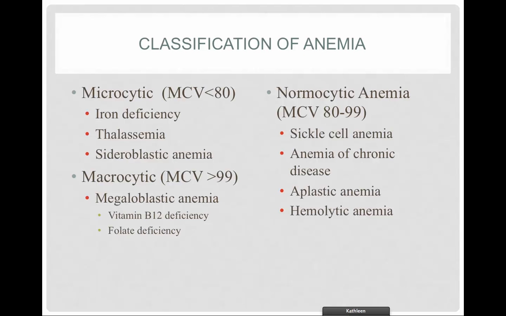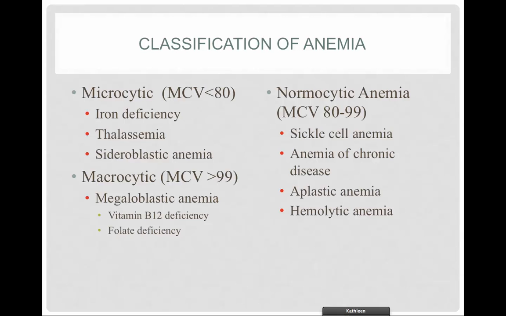Macrocytic anemia is an MCV greater than 99. This can be caused by vitamin B12 deficiency, folate deficiency, hypothyroidism, excessive alcohol use, and myelodysplastic syndrome, formerly known as pre-leukemia.